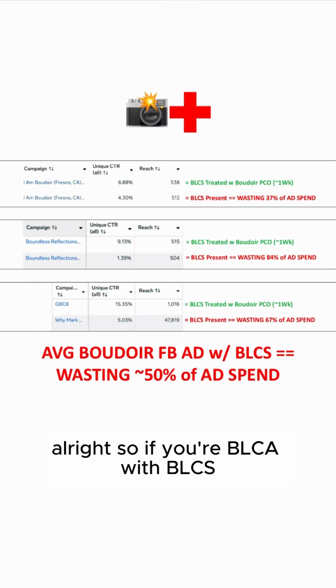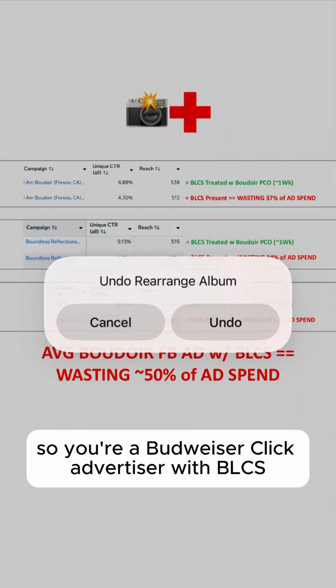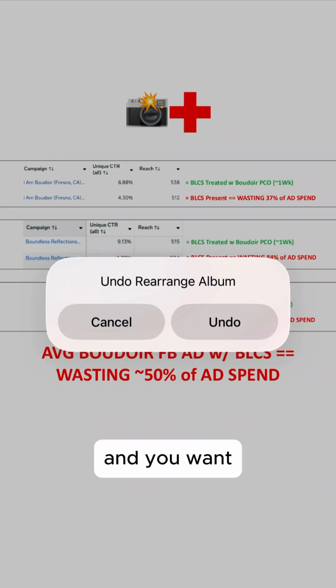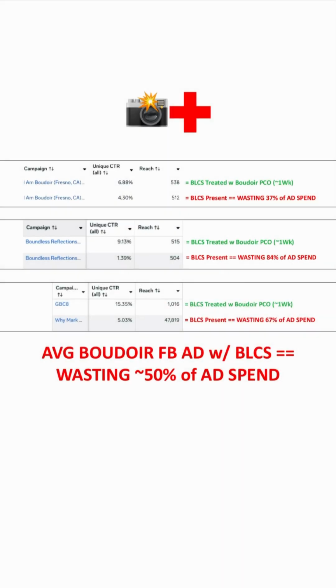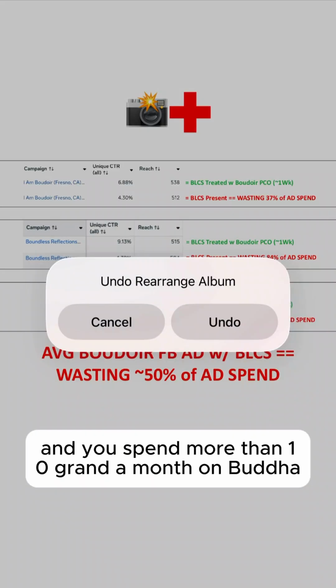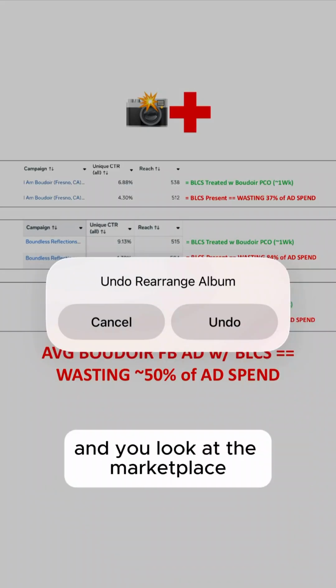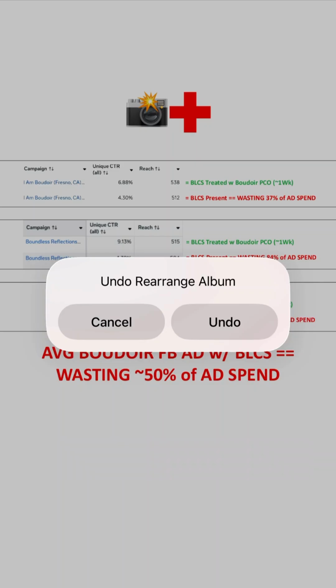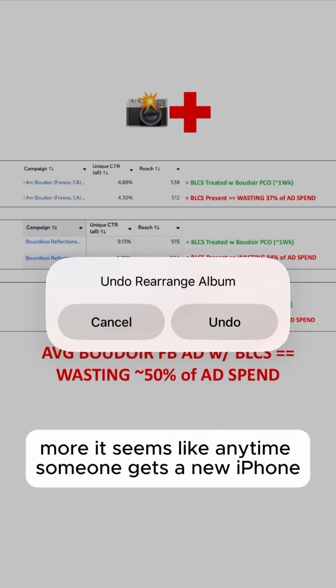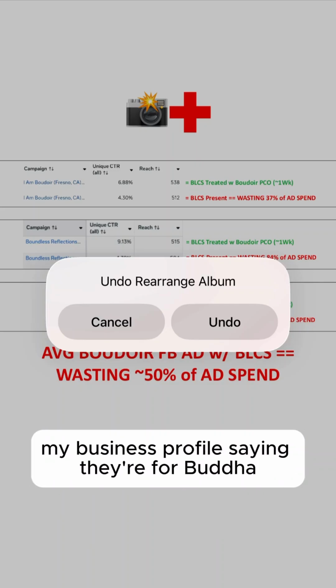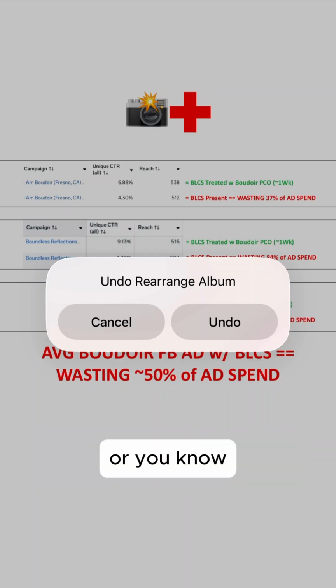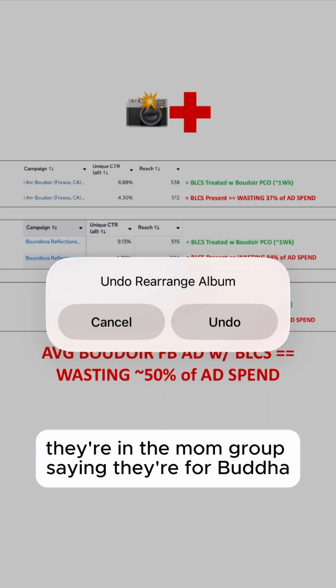All right, so if you're a BLCA with BLCS, so you're a Boudoir low click advertiser with BLCS, and you spend more than 10 grand a month on Boudoir Facebook ads, and you're looking at the marketplace, seeing it get more saturated. It seems like anytime someone gets a new iPhone, they're setting up their Google My Business profile saying they offer Boudoir. Or anyone gets a new camera, they're in the mom group saying they offer Boudoir.